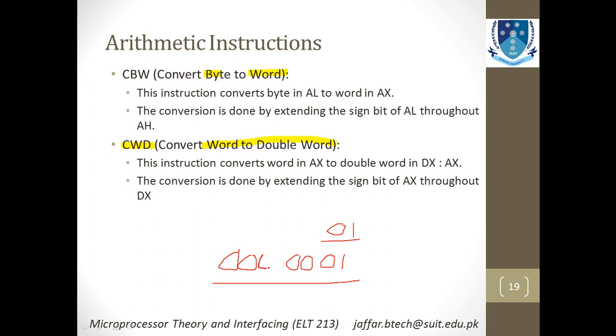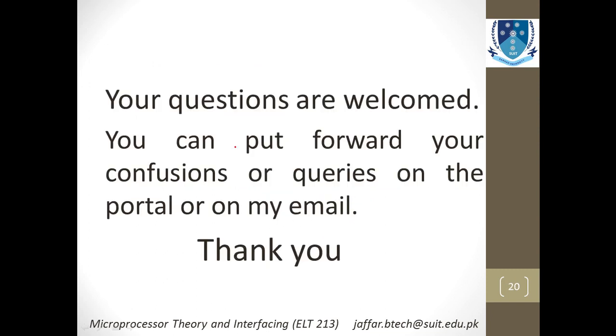I will put some dummy bits over here. So I have converted this word into a double word and again into a larger double word. So this is actually about the size. I have doubled the size. Similarly you can use these commands for any other purposes.